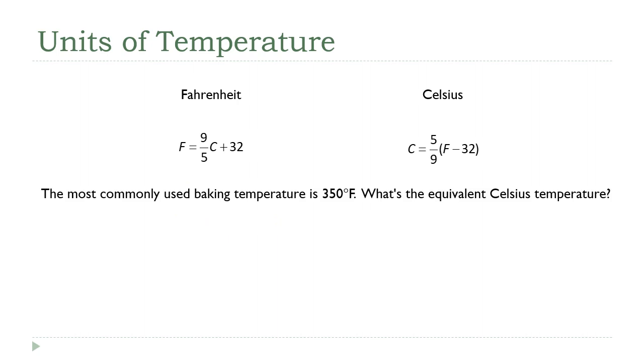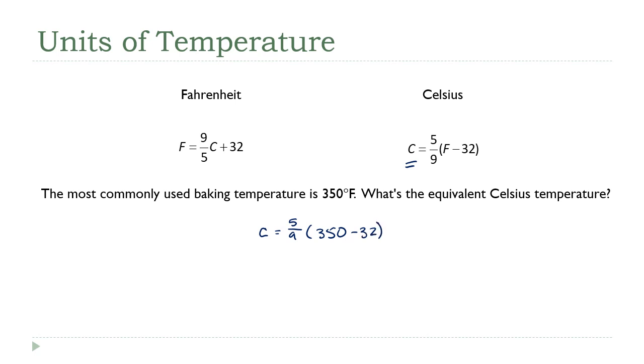Let's try a quick example here. The most commonly used baking temperature is 350 degrees Fahrenheit, and I want to know the equivalent Celsius temperature. So I want to end up with the Celsius amount, so I need the formula that starts C equals, and I'll put 350 in there for F. C equals 5/9 times 350 minus 32.